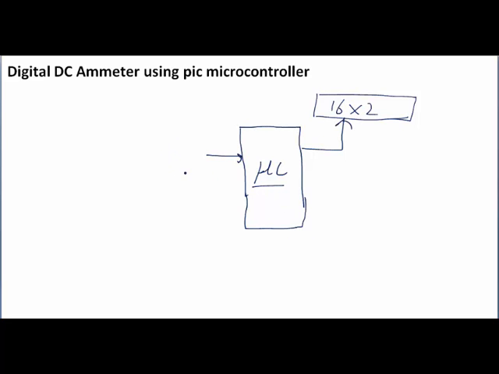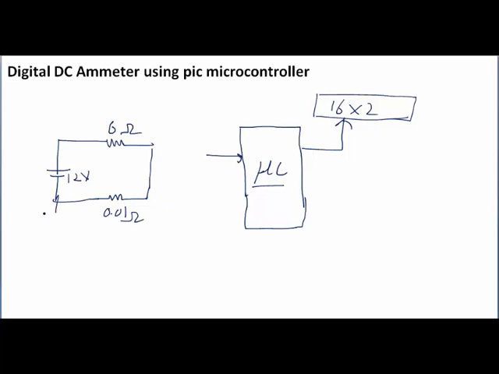So what we will do is, for example, this is our circuit and we are using 12 volt, and this is, for example, a 6 ohm load. We are also using a shunt resistor here, and the value of the shunt resistor is 0.01 ohm.